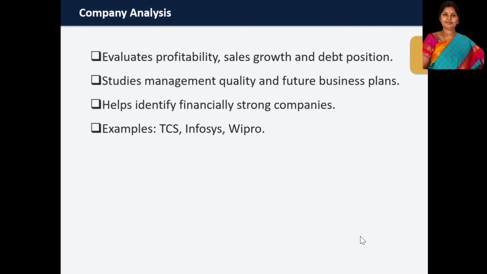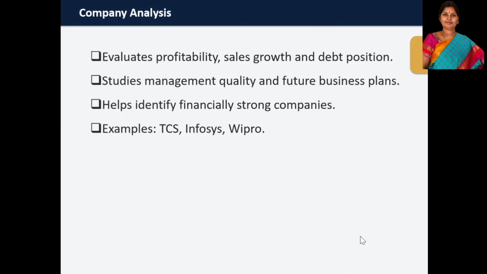Next, company analysis. So company analysis means, say for example, if you take one company, you have to check what their profitability is and what their sales growth is. You have to see the trend analysis, right? And what the company's debt position is. And also we have to see the capital structure of the company. What is the proportion of equity and debt?